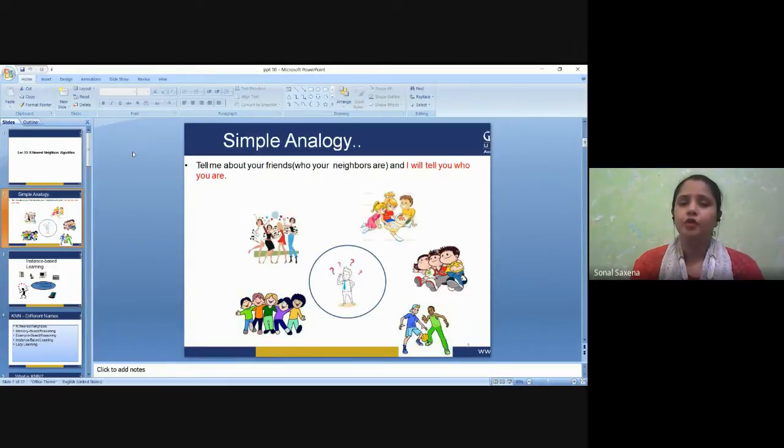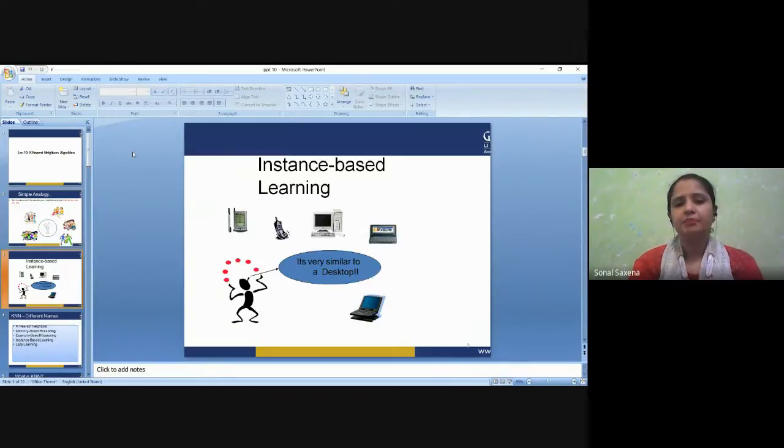It depends on your neighbors for extracting your features, whatever properties they are reflecting. On the basis of that, you are judged as reflecting such properties as well. This is simply called instance-based learning.